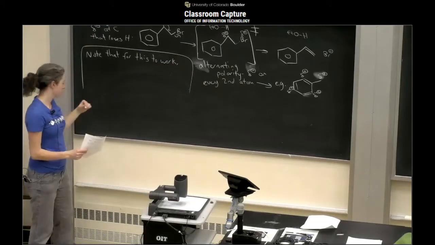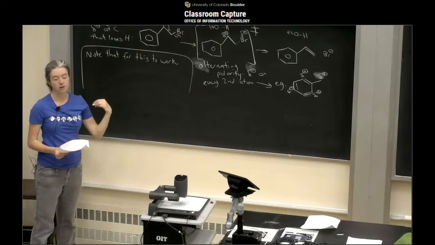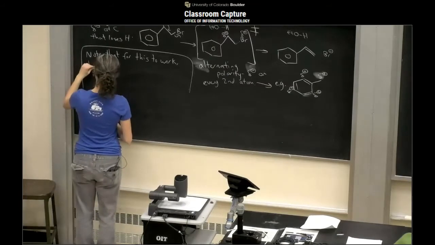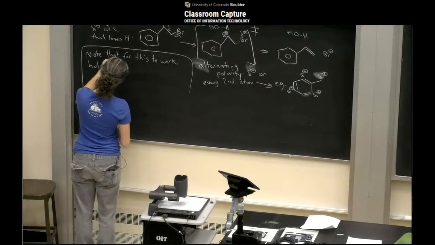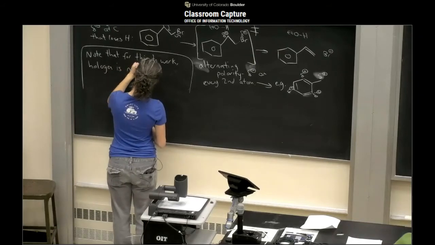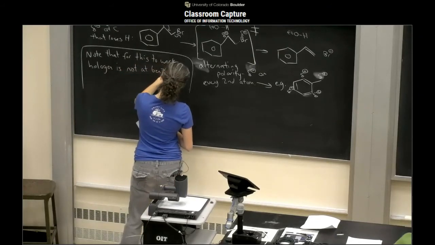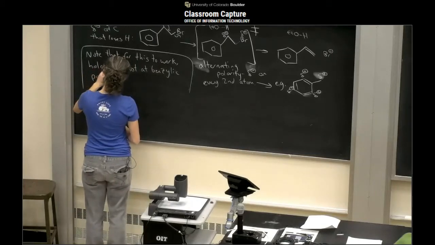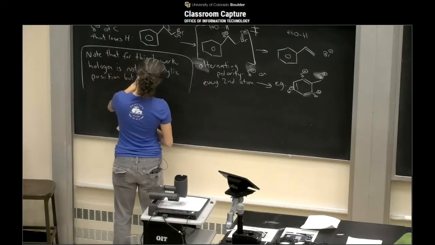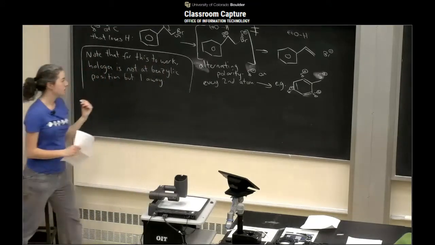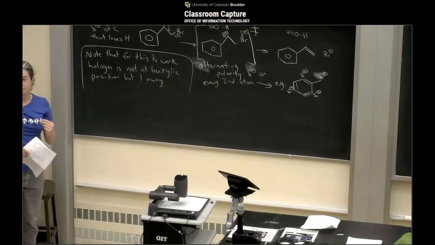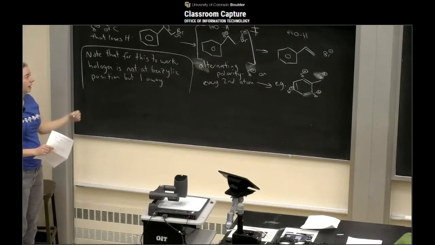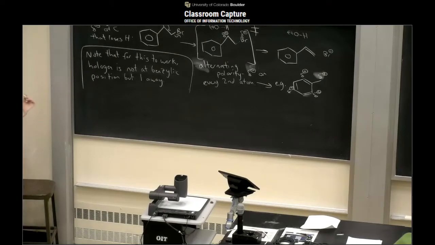So here, if we want to do E2 and take advantage of the benzylic position, we actually have to have the halogen one carbon further away from the benzylic position. So a good tip-off that E2 might be more favored than it would be otherwise is if you've got the halogen one further away from the benzylic position, which means that the benzylic position itself is going to be very easy to deprotonate during an E2 reaction.